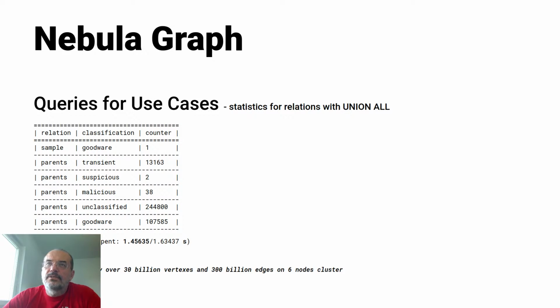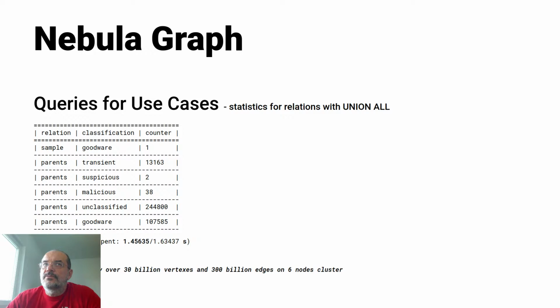So we can count how many in the hierarchy we have suspicious, malicious, goodware, unclassified files. And you can see that this specific file has many relations, more than 350 thousand relations.